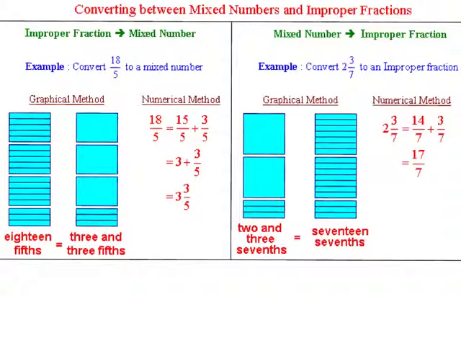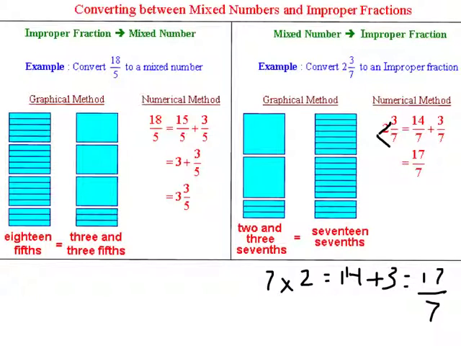I don't think they explain enough. What we're used to doing and teaching you is we would say 7 times 2 plus 3. 7 times 2 is 14, plus 3 is 17/7.